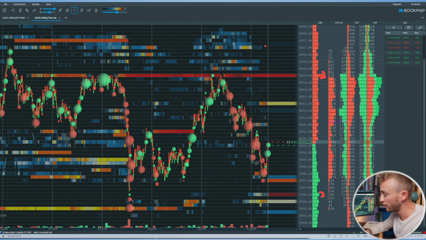The thicker the color, I know the heavier the volume is. I can see we come up, right? Heavy buying, and then it sells off. There's an offer right here. It gets filled, and then there's a re-offer. Trades back up into this area. There's an offer that gets filled. There's buying at the top. It comes back down, and there's a re-offer. So this 605, there's someone selling there, preventing the price from moving up. This can give me a signal to get in and short.